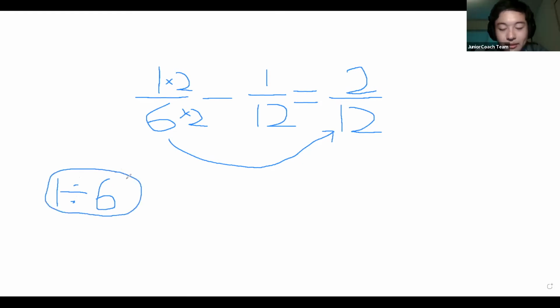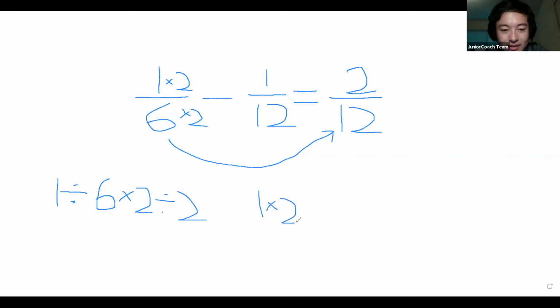It's just 1 divided by 6. So then you can do times 2 divided by 2. That'll be the same, right? And then you rearrange it. Do we all agree so far?